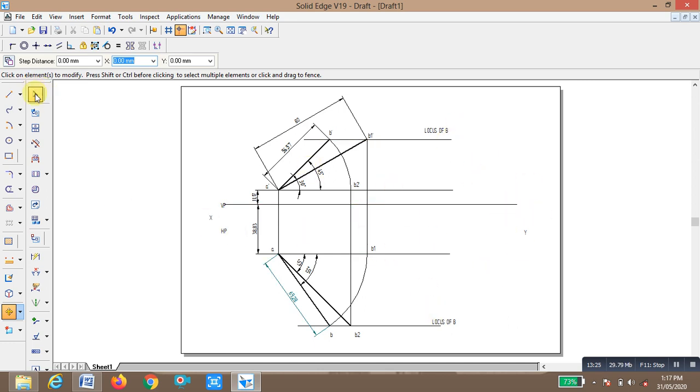This is why, before taking the printout, you have to be careful and set it properly. Here we are going to find the apparent length, so you make this true length 0.13, and this is also 0.13.